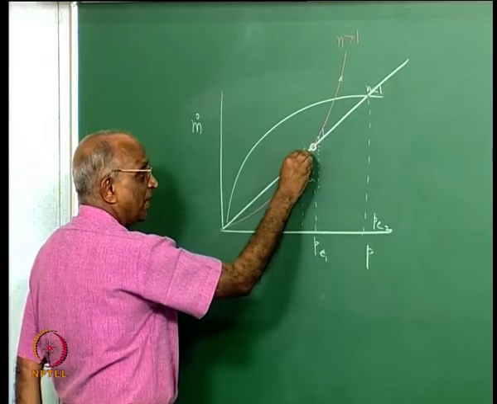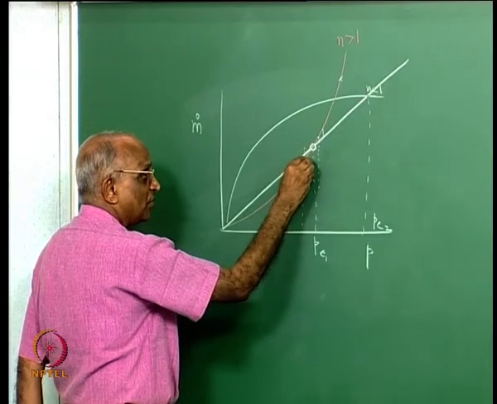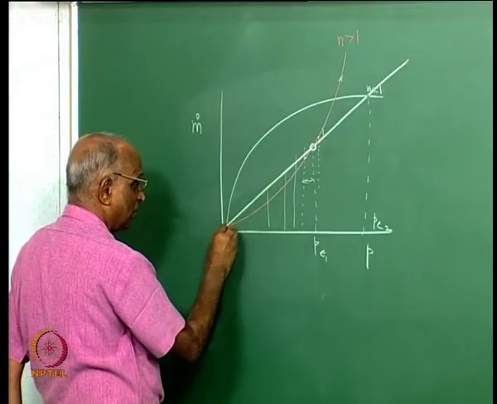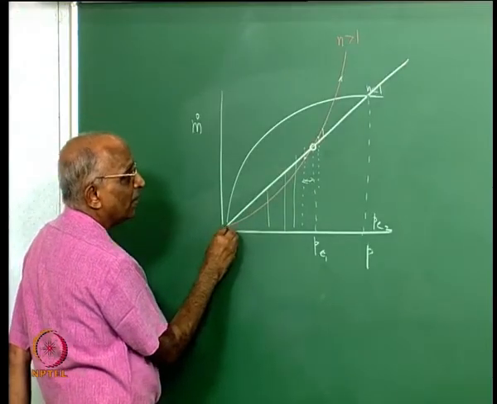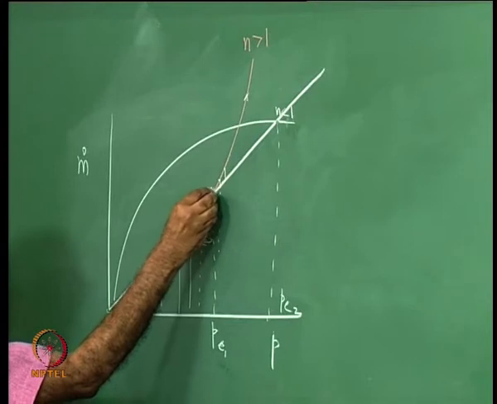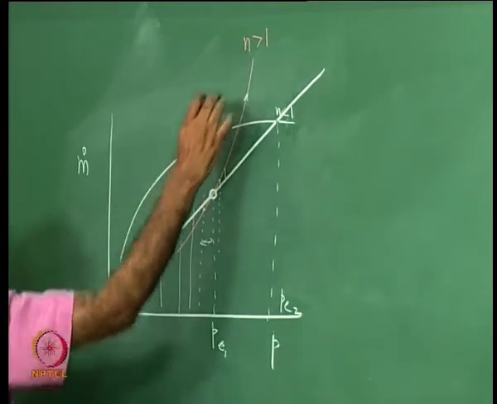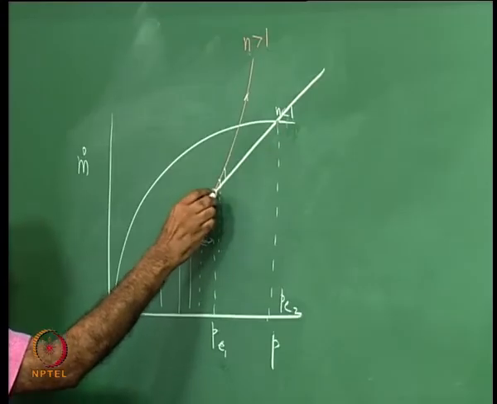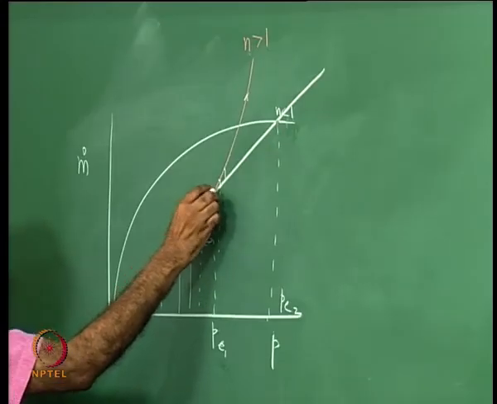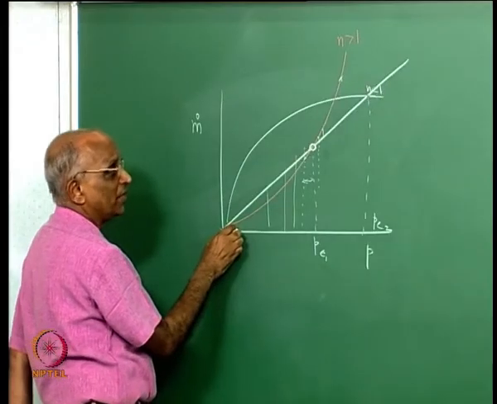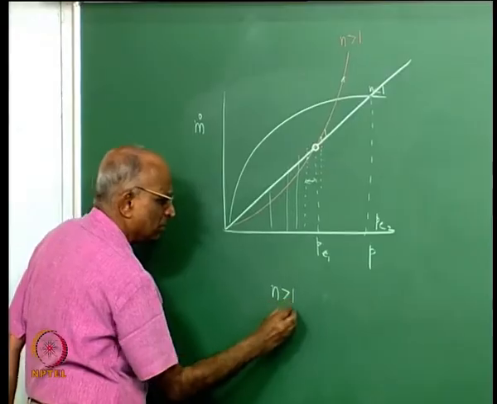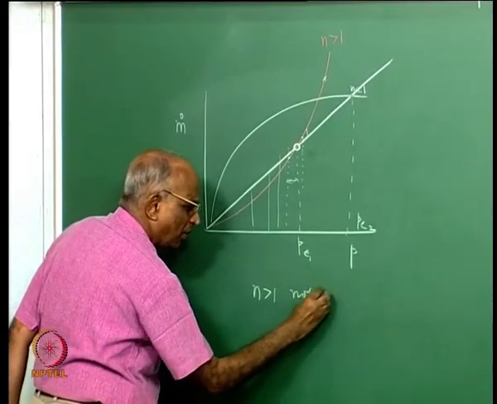In other words, mass flowing out through the nozzle is more than what is generated, therefore the pressure still falls, and it comes to extinction. Therefore we tell ourselves that in case n is greater than 1, I cannot really get an equilibrium pressure, and even small changes will make it either explode or quench. Therefore n greater than 1 is not desirable or not possible.